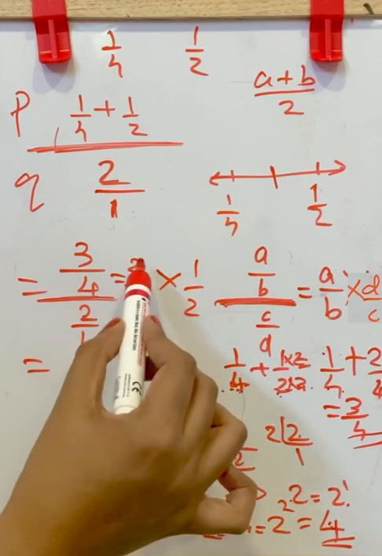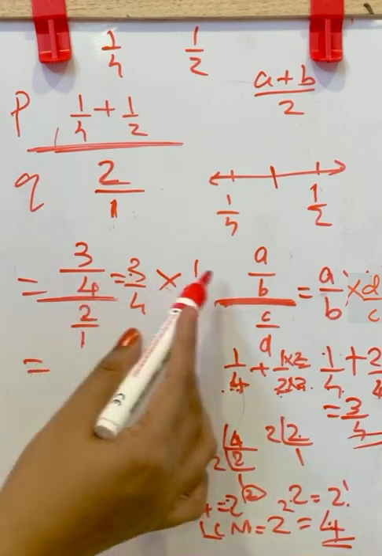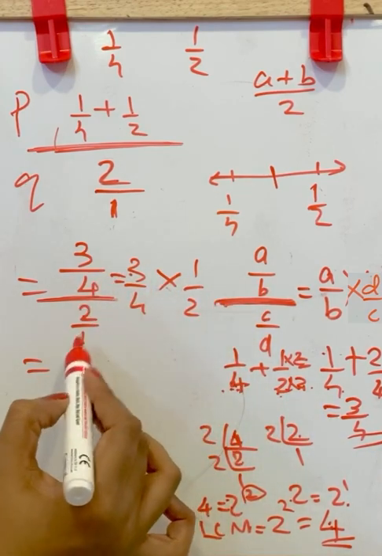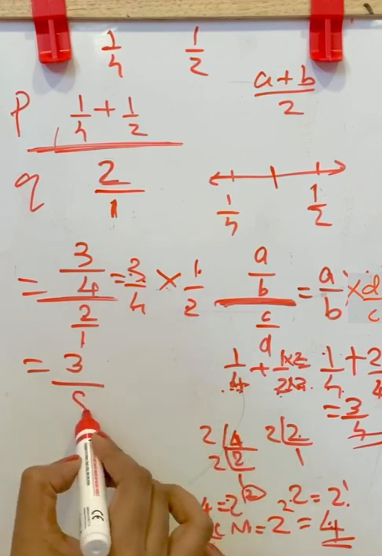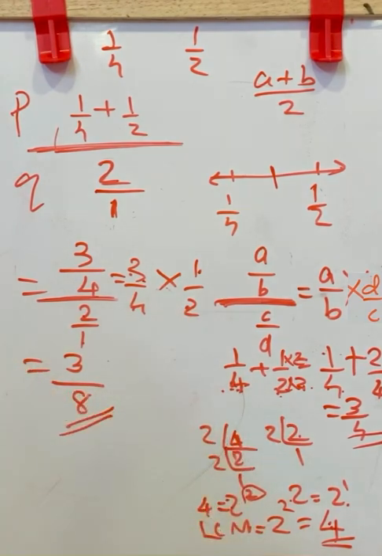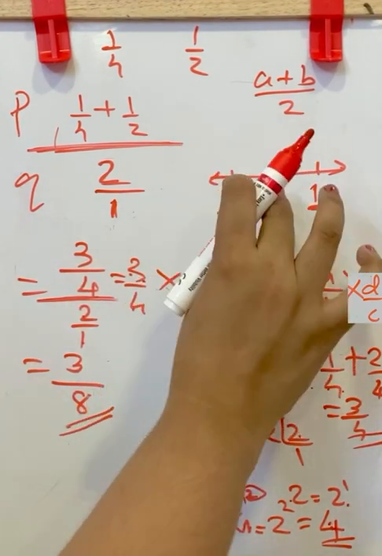As I told you, in multiplication you can simply multiply the numerators and denominators. That is 3 ones are 3, 4 twos are 8. 3 by 8. This is the value in between. We have found the middle point here.